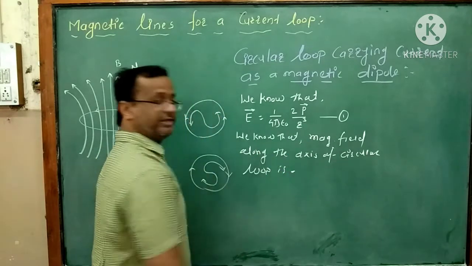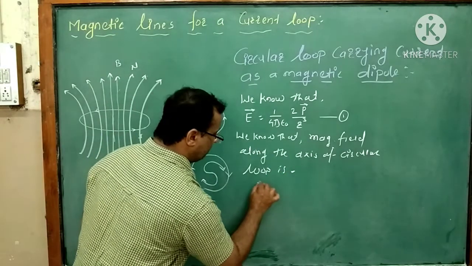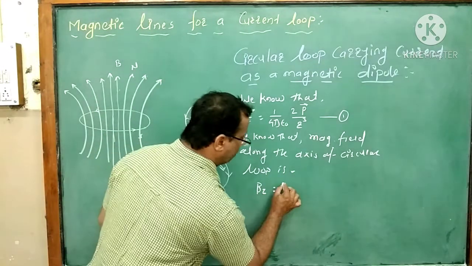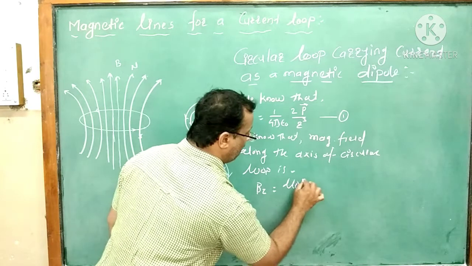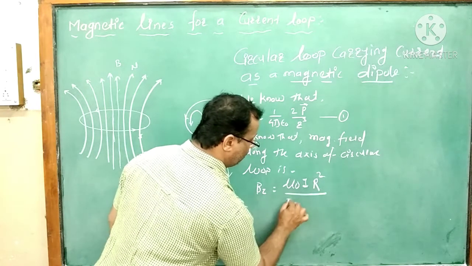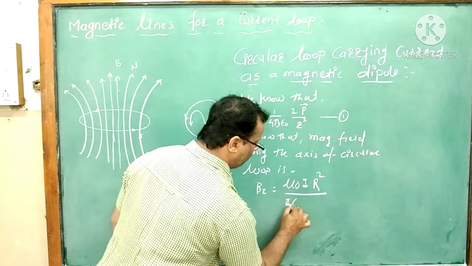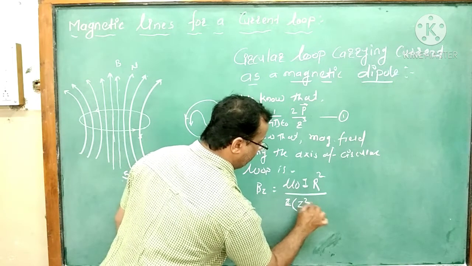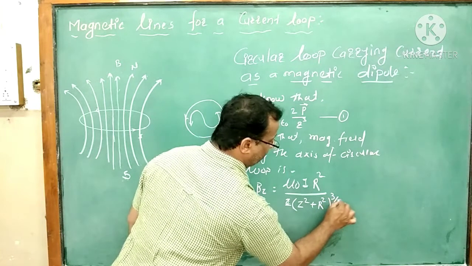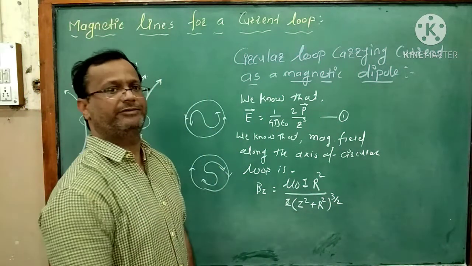That equation is Bz equals mu 0 I r square upon 2 into (z square plus r square) raised to the 3/2.